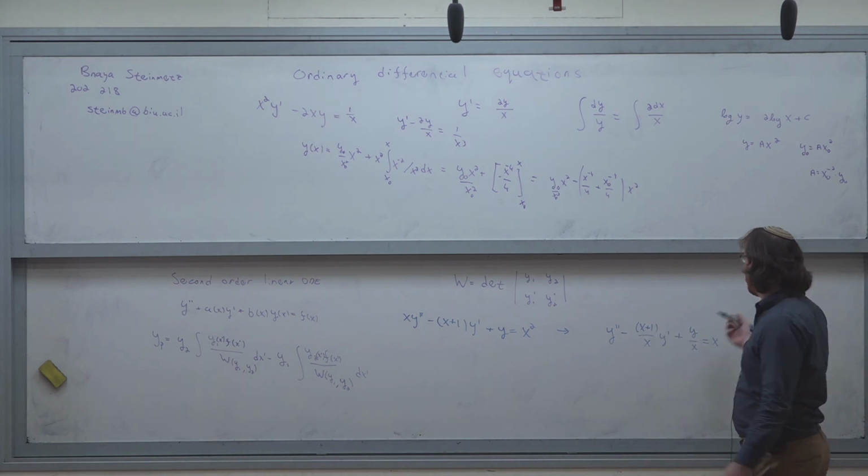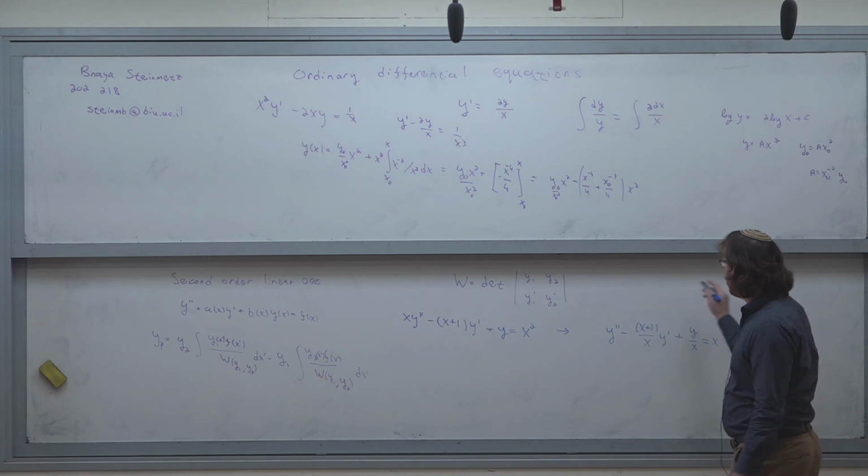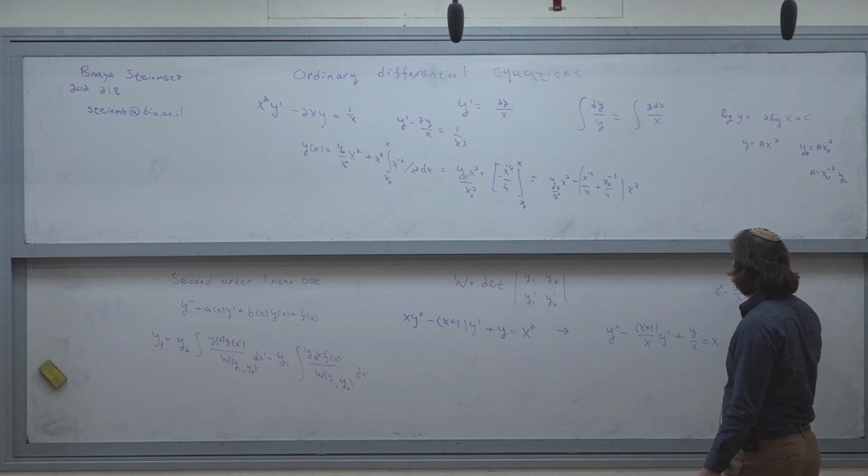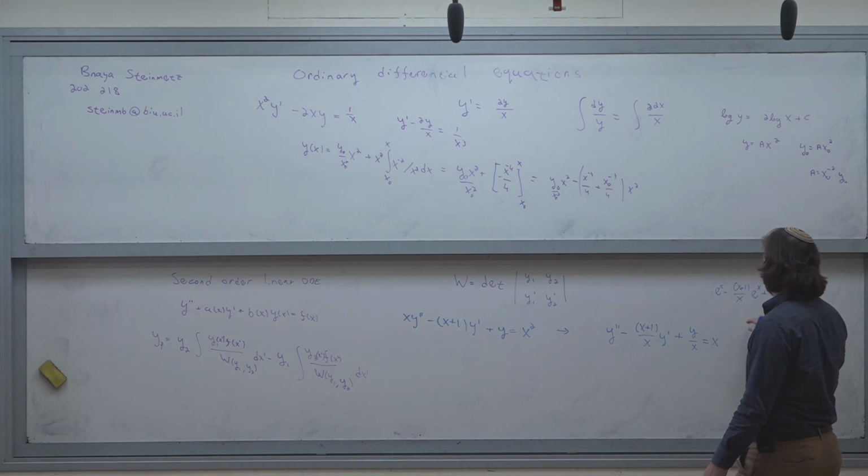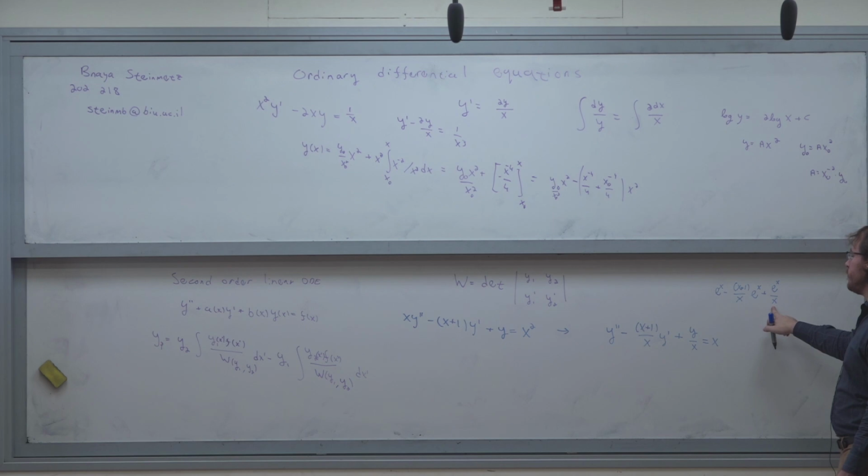So if we are plugging in e to the x, this would be e to the x minus x plus 1 over x e to the x plus e to the x over x. So this plus this will cancel, and minus x over x is 1, so this would be 0.